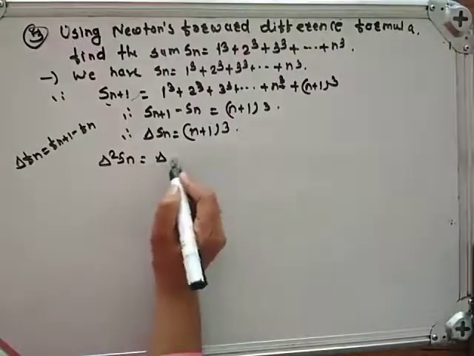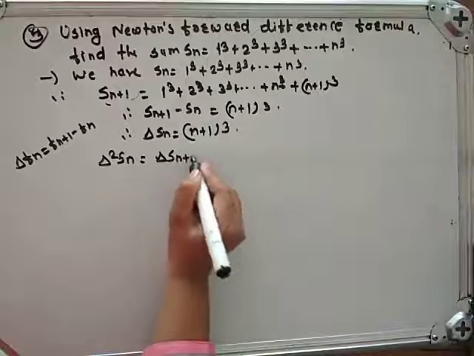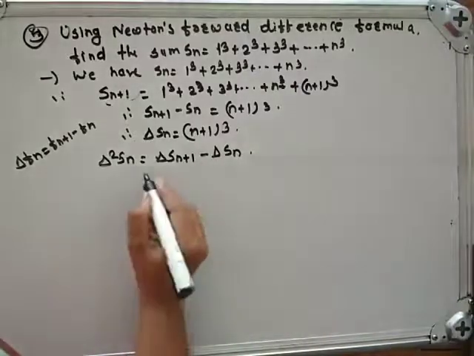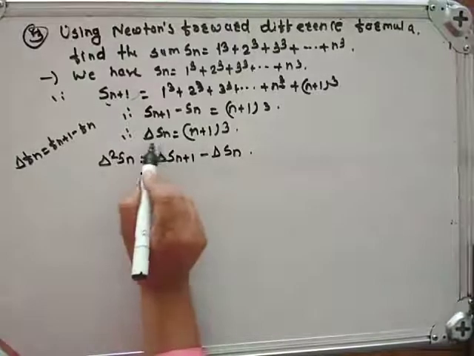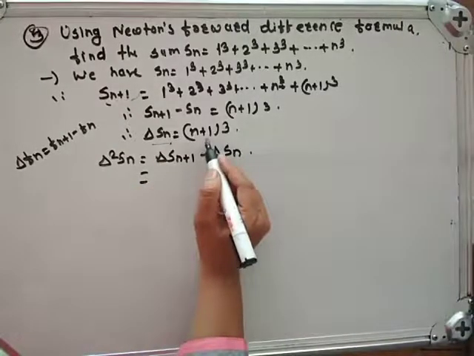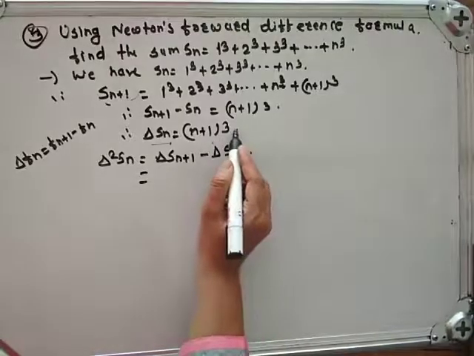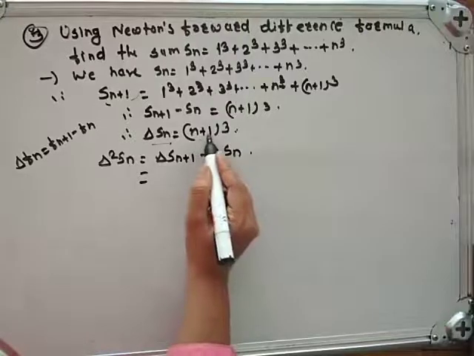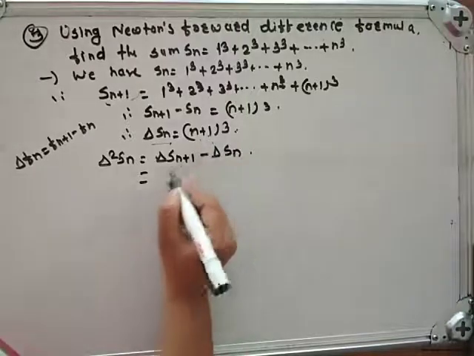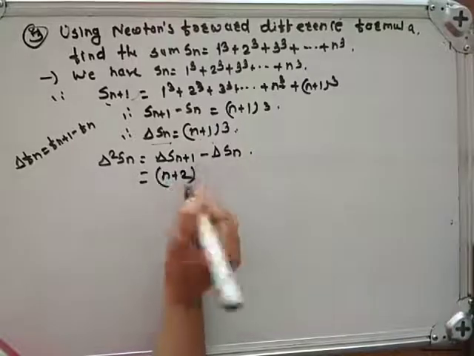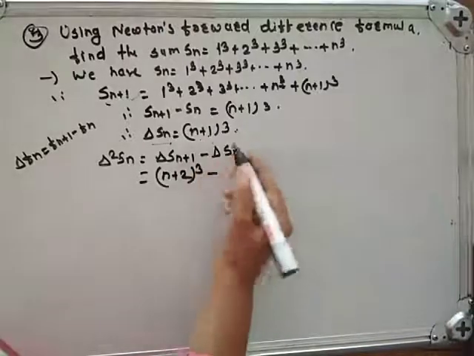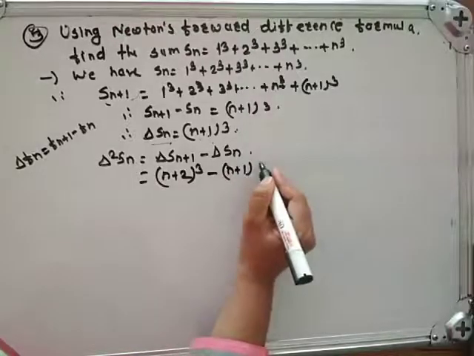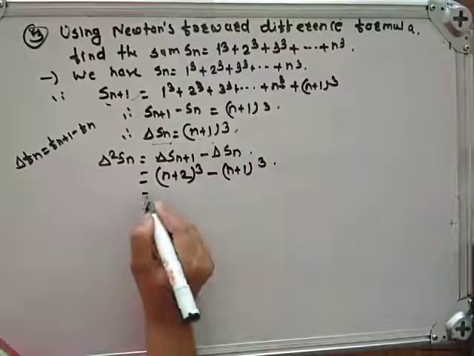Delta square Sn is equal to delta S(n+1) minus delta Sn. See here, delta Sn is (n+1) cube, so delta S(n+1) will be (n+1+1) cube, so it will become (n+2) cube minus delta Sn, which is (n+1) cube.